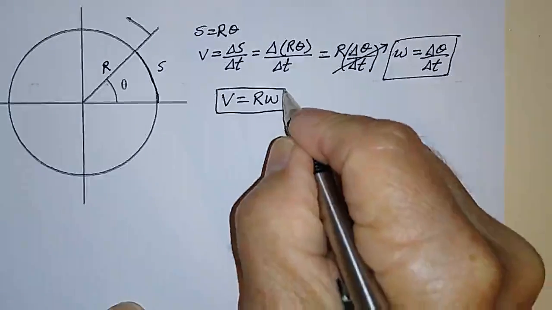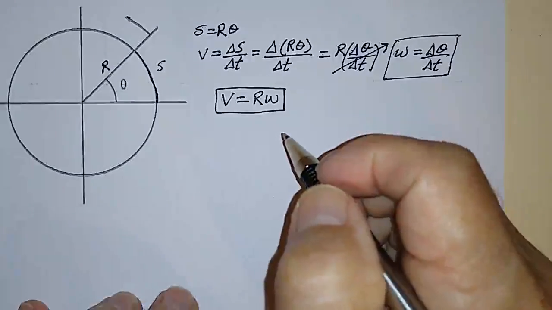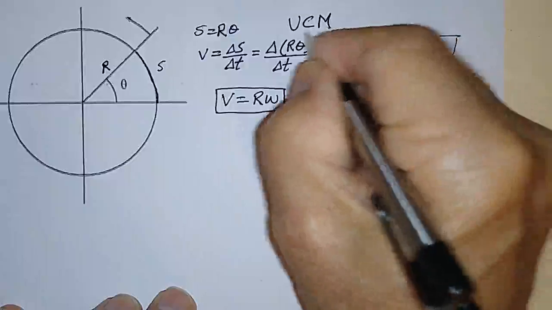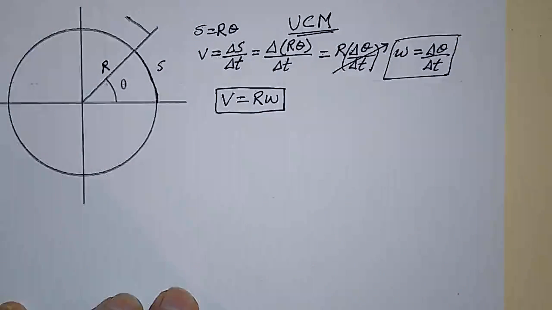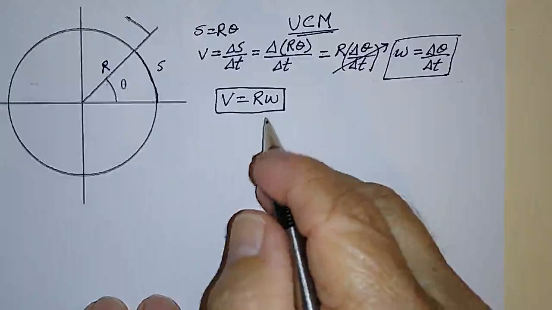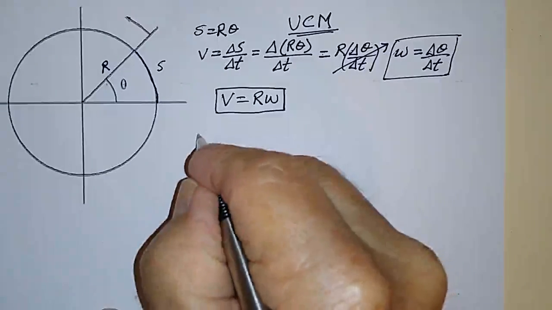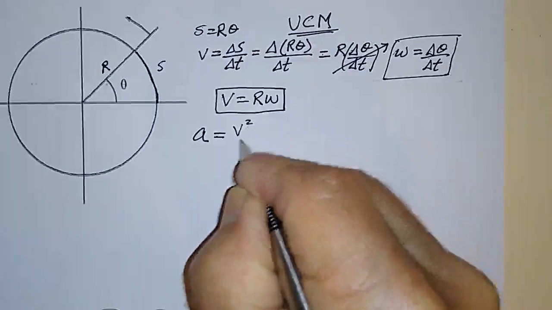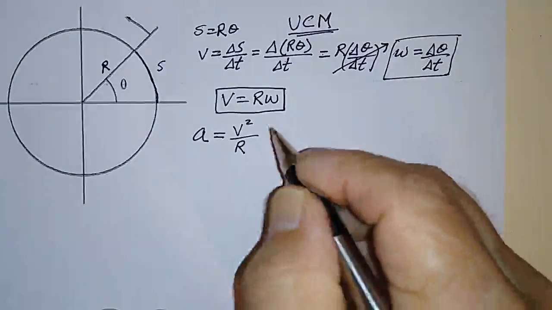Now, another useful equation in uniform circular motion, by the way, we abbreviate that as UCM, uniform circular motion. Another useful connection is the centripetal acceleration, which I've shown you in another video, is equal to v squared over r.